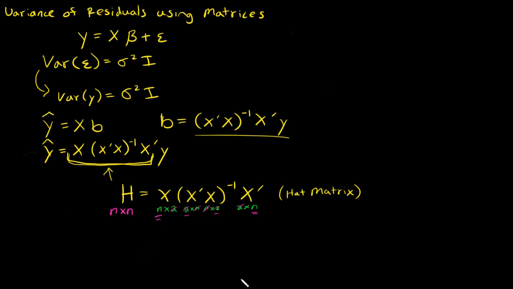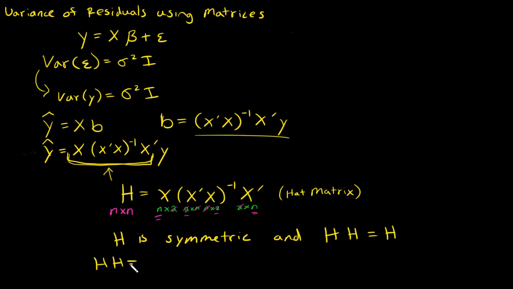H is very special. The first thing is that H is symmetric. The second thing you need to know about H is that H times H equals H. It's actually not too hard to show, so let me do that.